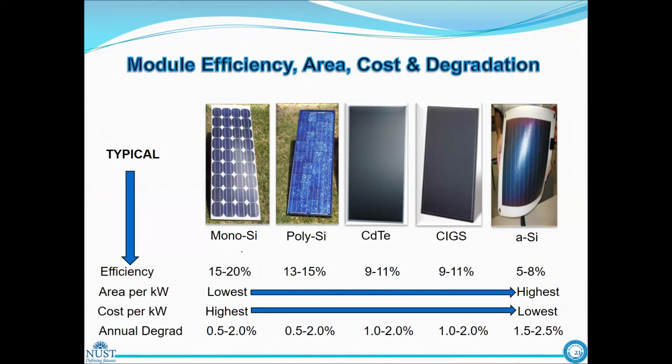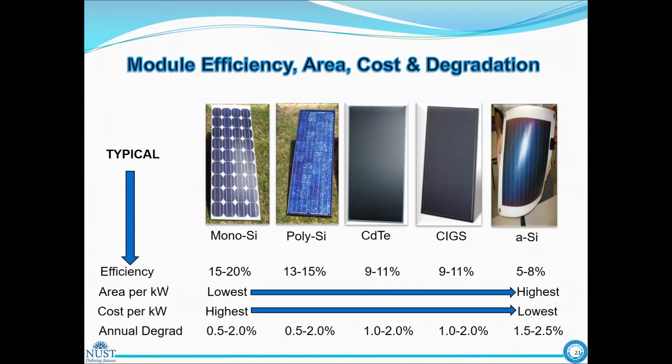The commercially available modules usually show efficiencies in these ranges, which are surely lower than the record-breaking efficiencies. But what we are receiving particularly from China, those modules usually show efficiencies in this range. But of course, they have lower cost.